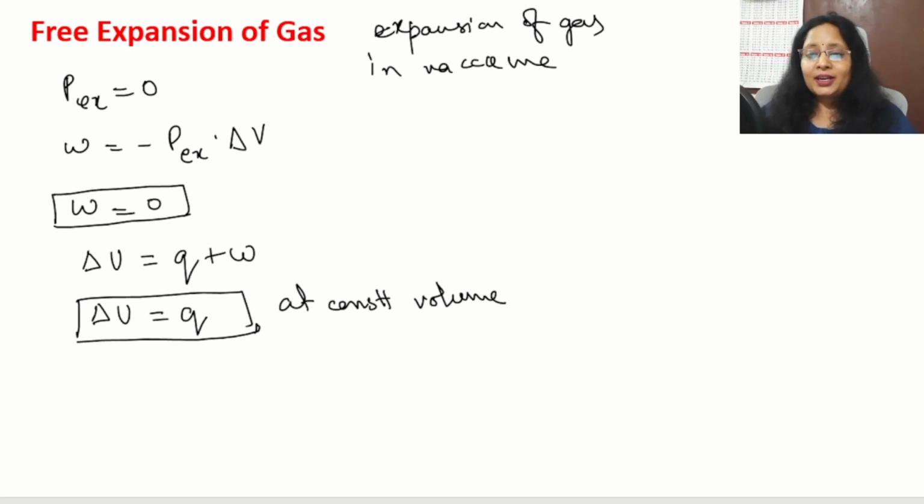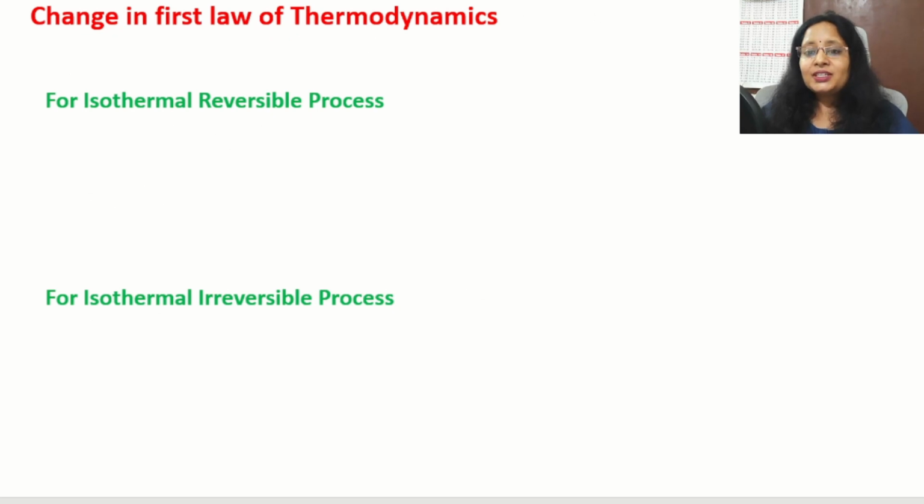Now come up to the next topic, which is the first law of thermodynamics for isothermal process. First understand, when there is an isothermal process, what will happen? Isothermal means the temperature is constant. When the temperature is constant, there is no change in temperature, so the change in internal energy is also 0.